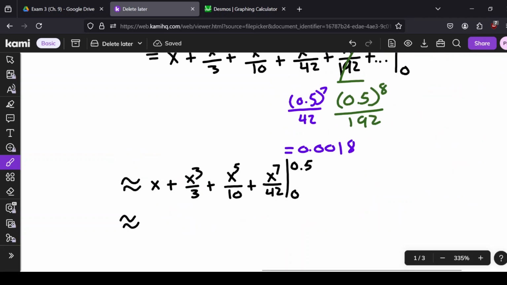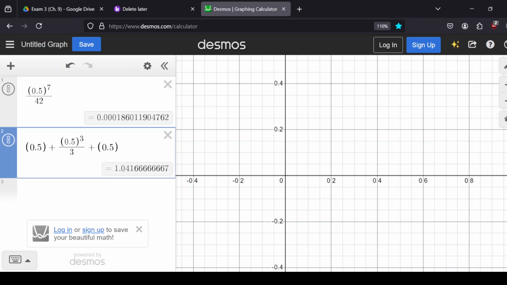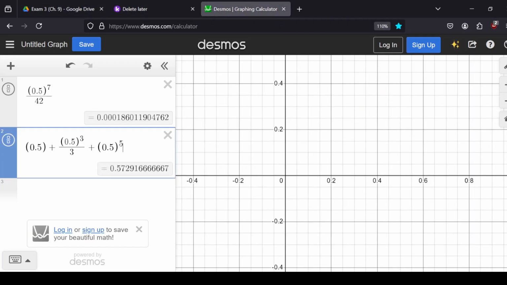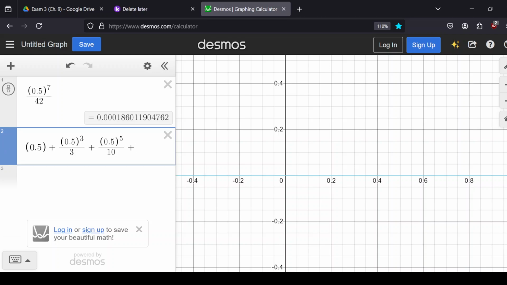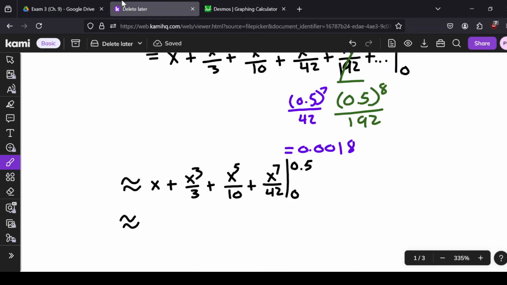And that is 0.5 to the 7th, about 42. 0.5449.